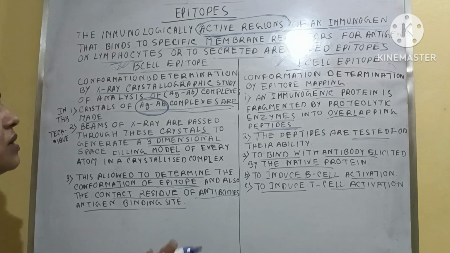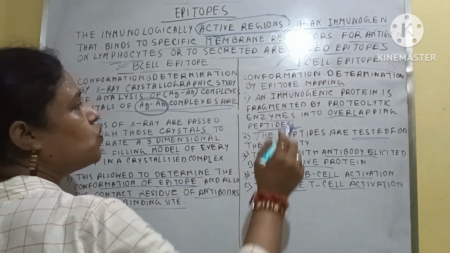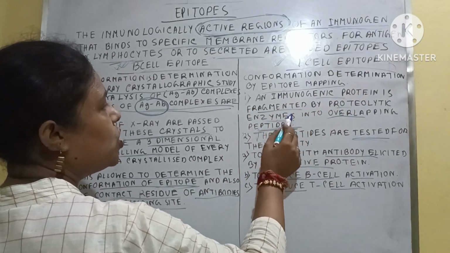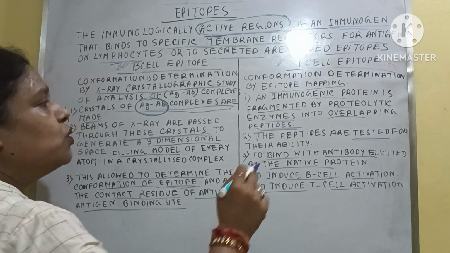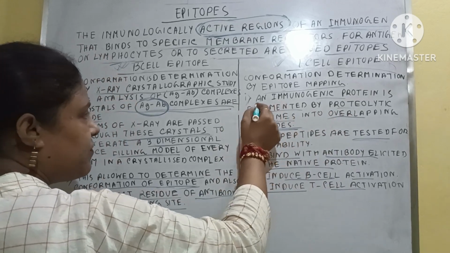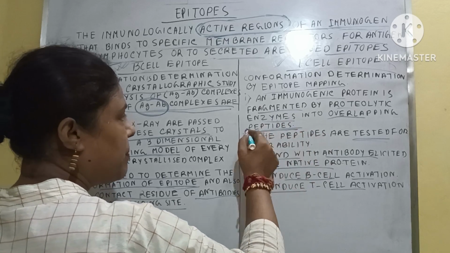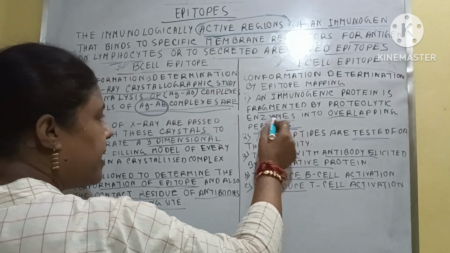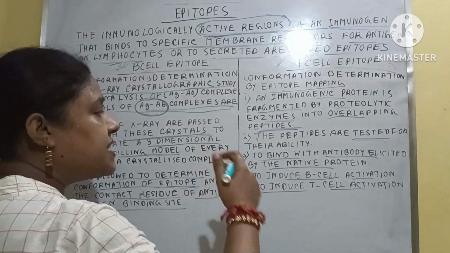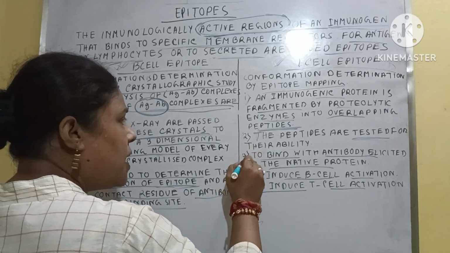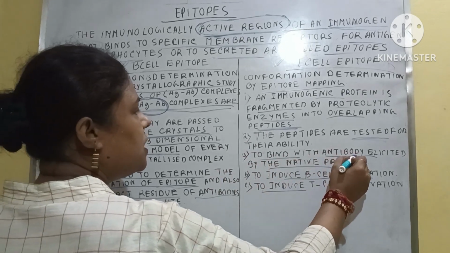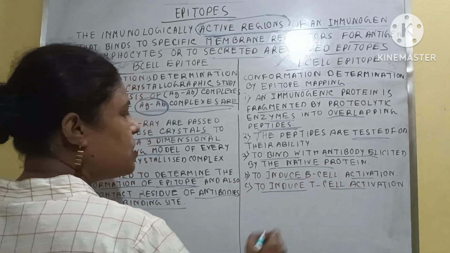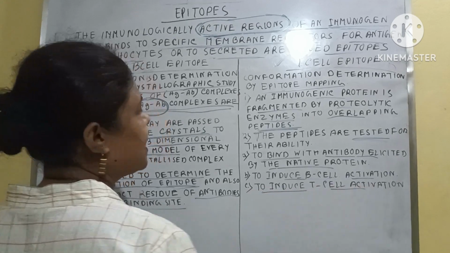So again I repeat: in epitope mapping, first the immunogenic protein is fragmented by proteolytic enzymes into overlapping peptides. Now the peptides are tested. How is the testing done? Number one, binding with antibody elicited by the native protein. Second, inducing B cell activation, and third, inducing T cell activation.